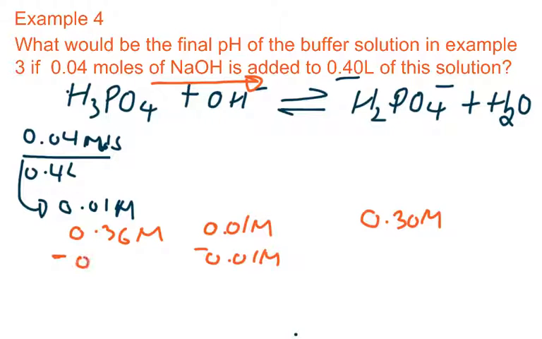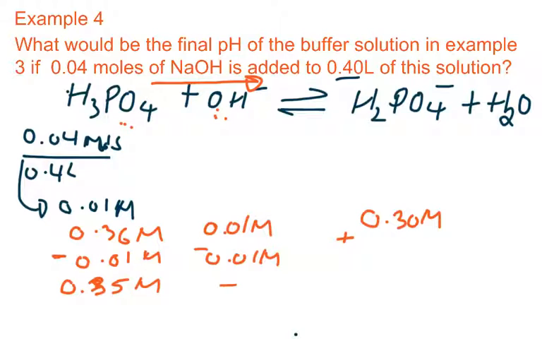Now, we're going to take away 0.01 big M from the 0.36. Why is that? Because the OH minus is reacting with the H3PO4. So this will reduce now to 0.35 big M. Alrighty. And the base goes to nothing. Now over here, we're going to produce more H2PO4 minus.